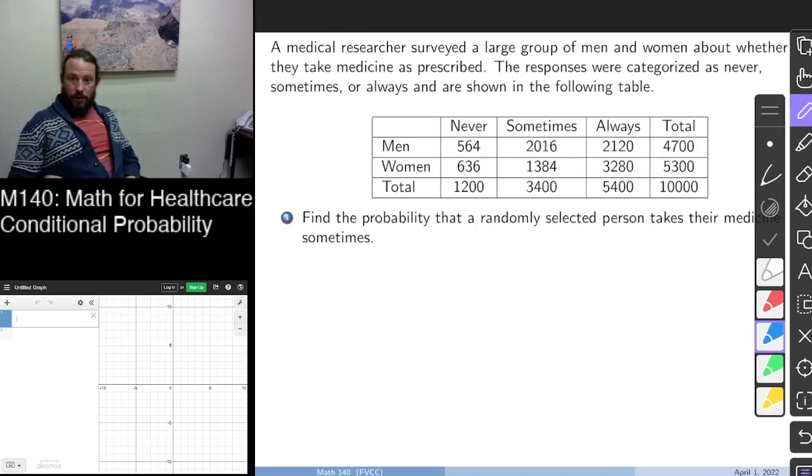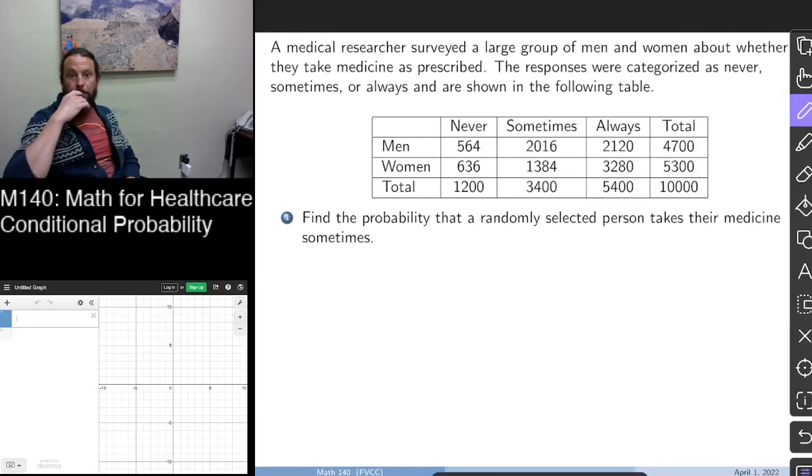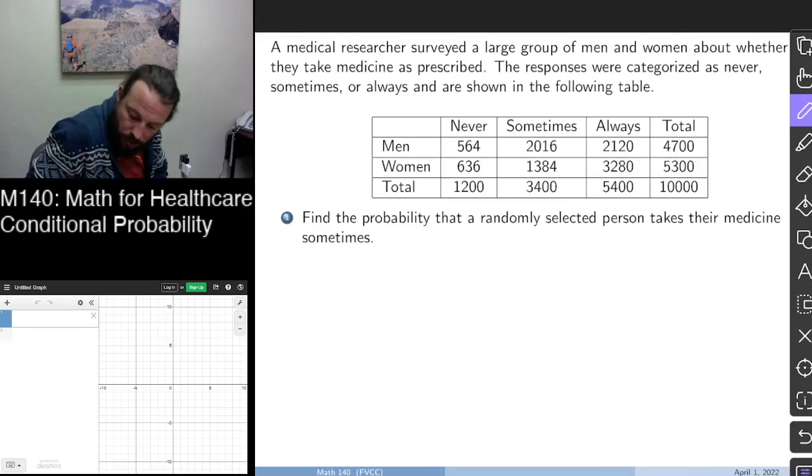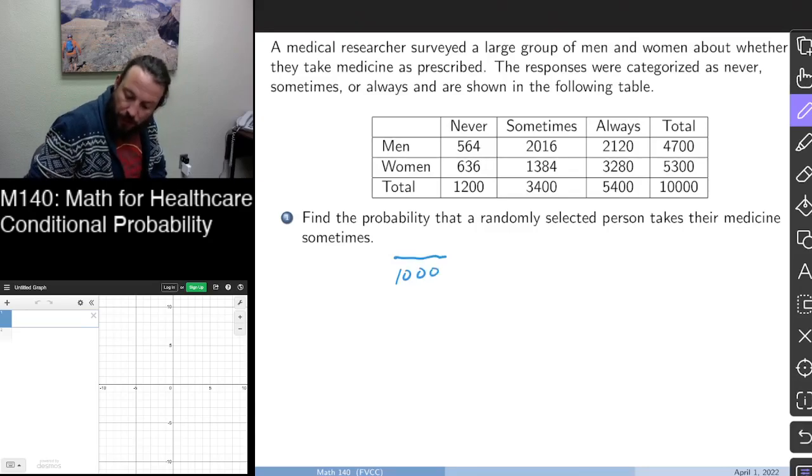Let's say we want to find the probability that a randomly selected person takes their medicine sometimes. Well, the size of our sample space is 10,000.